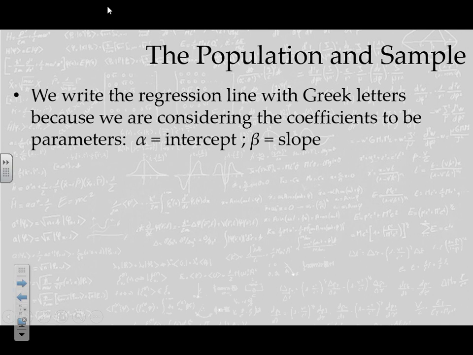So, here's where you probably want to start writing stuff down. This is the stuff that's going to pertain mostly to what we're doing here. So when we write our regression line, before we wrote our regression line using this notation: y hat was a predicted value of y.